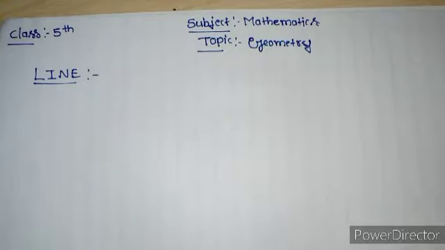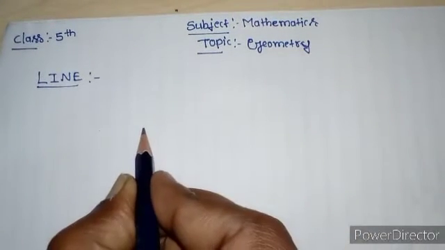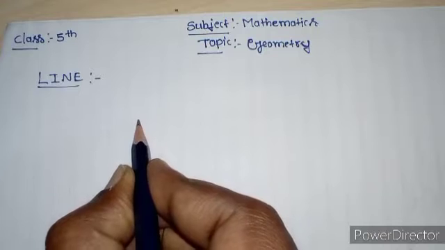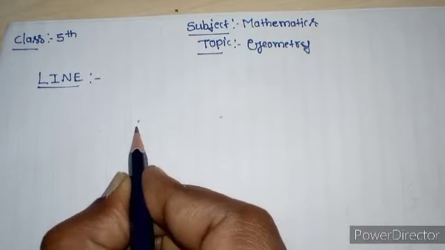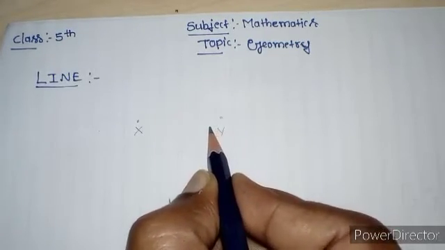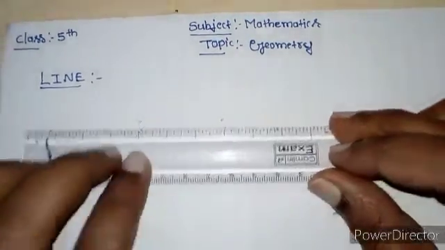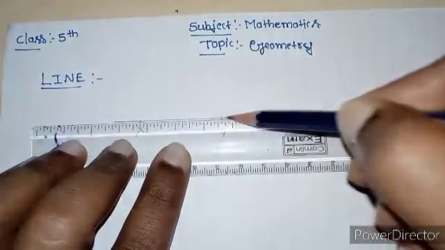A line is a collection of points extended endlessly or infinitely in both directions along a straight path. For example, see here: this is one point, this is another point. I am going to name these points X and Y, and now I am going to join these two points with extended arrows on both sides.